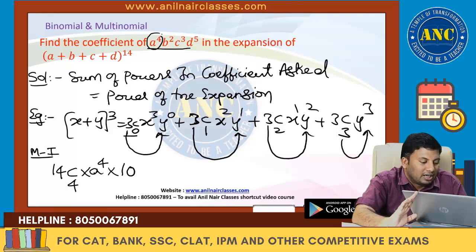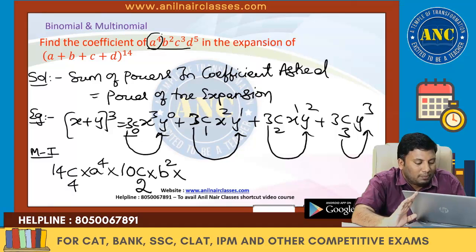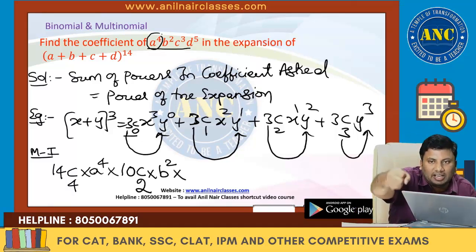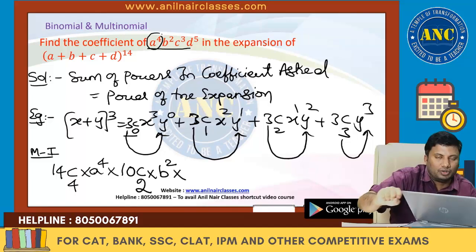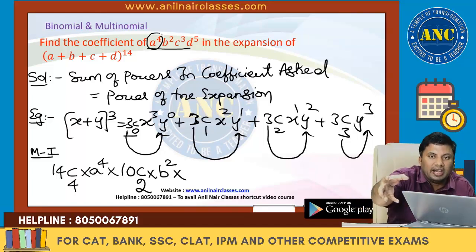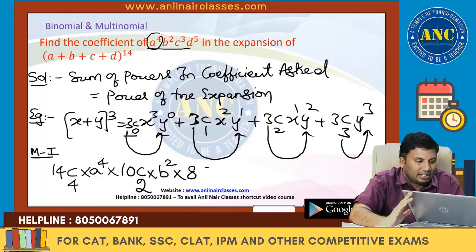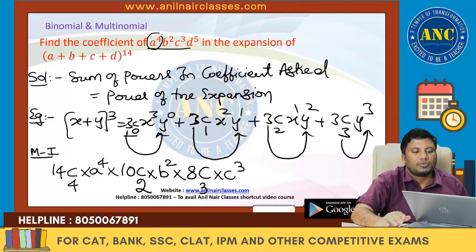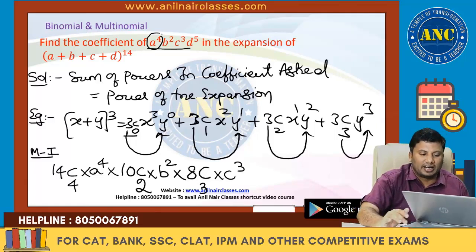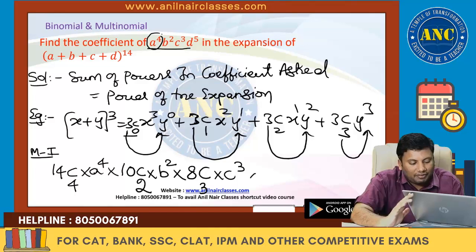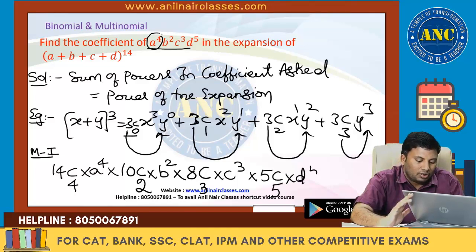Out of 10 I will select 2 powers for b because I want b square. Remaining 8, I will take 3 powers and give it to c. Now out of the remaining 5, I will select 5 and give it to d.